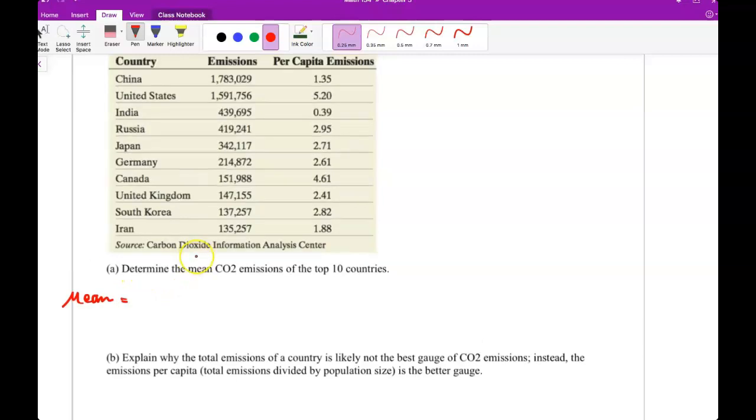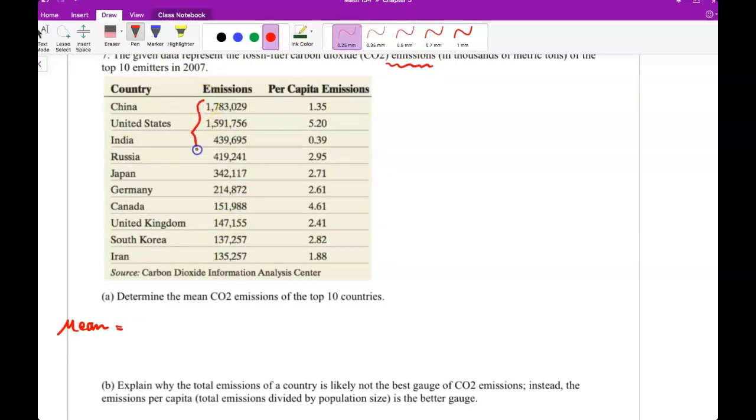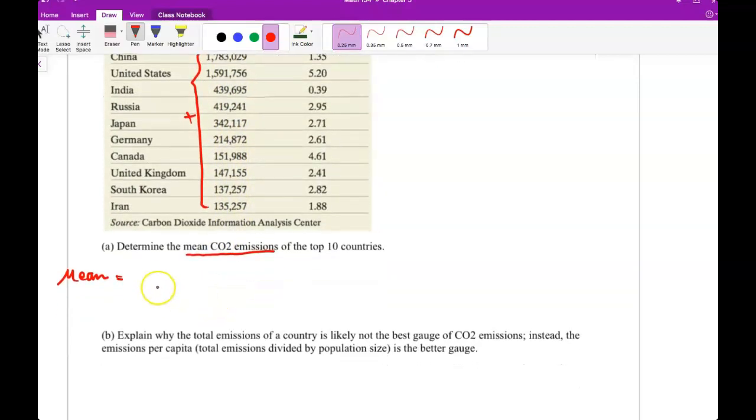Mean is equal to adding all these numbers. It's asking to find mean emissions, and this column is emissions. Adding all these numbers divided by how many observations we have? 1, 2, 3, 4, 5, 6, 7, 8, 9, 10, because we have 10 countries.